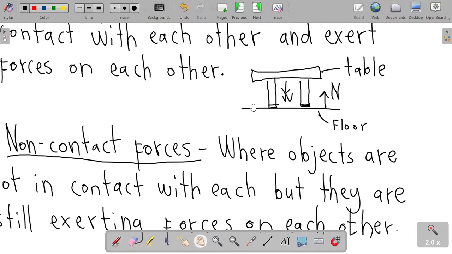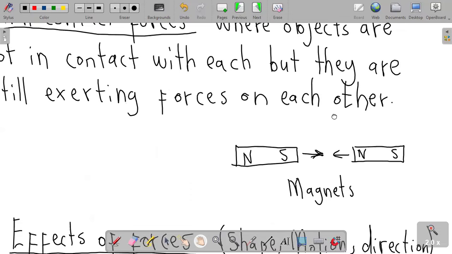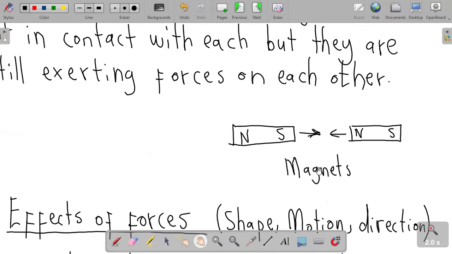Here we have the table and the floor, where the two objects are in contact with each other. And then here we have a pair of magnets with opposite poles facing each other.